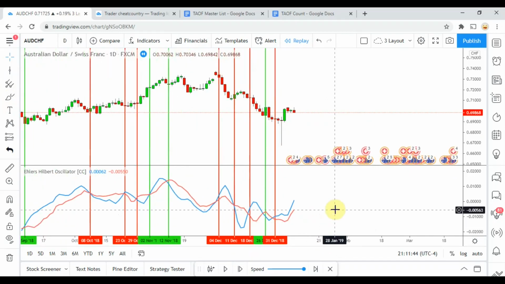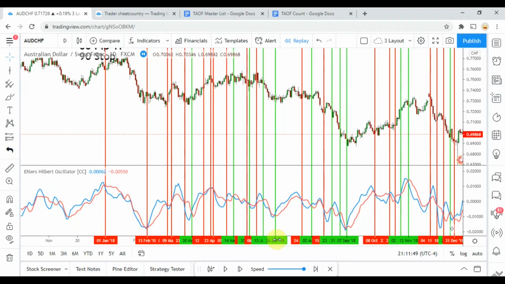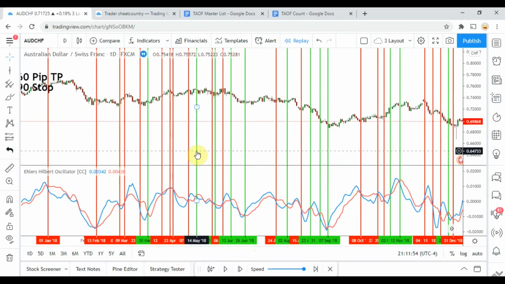All right, so let's see here. Let's get zoomed in on this here. So that's what we're looking at there for Ehlers Hilbert Oscillator. So let's go ahead and count these out, see what we get out of it. 1, 2, 3, 4, 5, 6, 7, 8, 9, 10, 11, 12, 13, 14, 15, 16, 17, 18, 19, 20, 21, 22, 23, 24, 25, 26, 27, 28, 29, 30, 31, and 32.